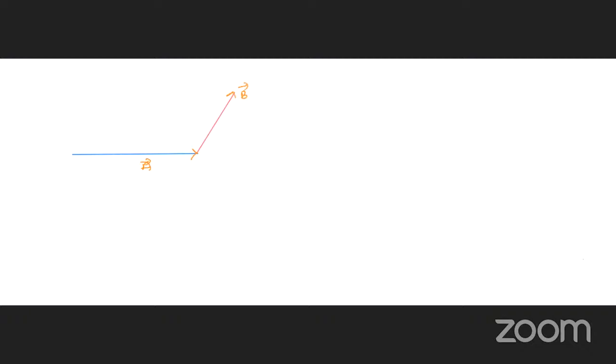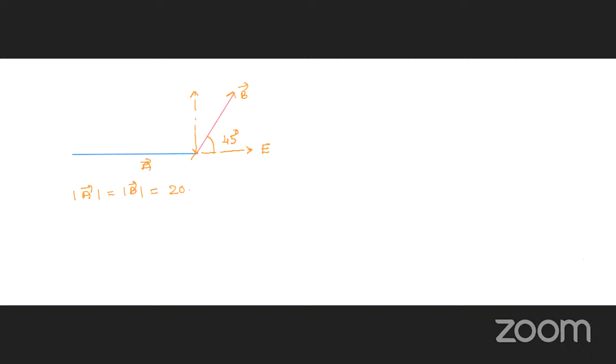This is exactly towards east and this is exactly in between north and east. Between north and east means the angle here is exactly 45 degrees, right? Their magnitudes are mod A bar equal to mod B bar. Their magnitudes are equal, each suppose equal to 20 units.